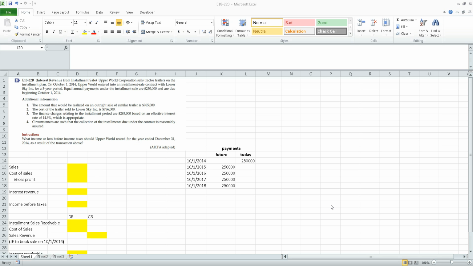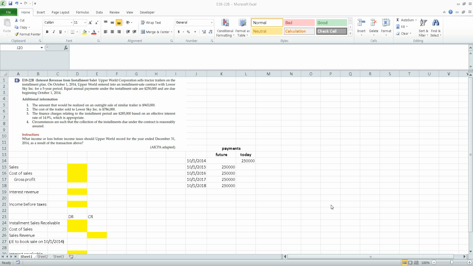On October 1st of 2014, they sold one of these tractor trailers to a company. And the contract stipulated that there would be 5 payments of $250,000 made from the buyer to the seller under this contract.